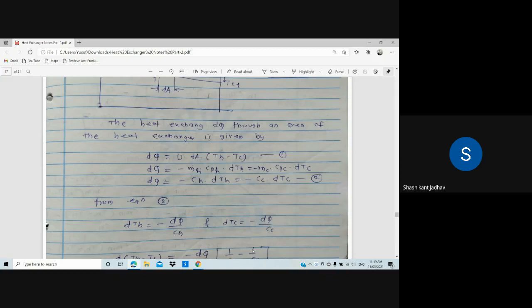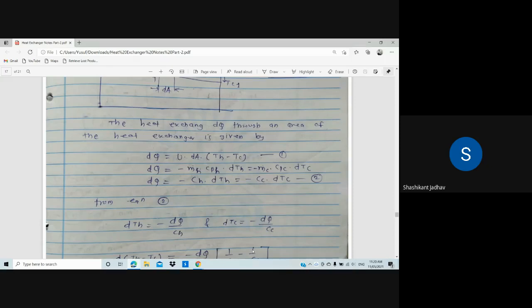Okay, and give the name equation number 2. dq is equal to minus Ch into dTh is equal to minus Cc into dTc, and this is equation number 2.